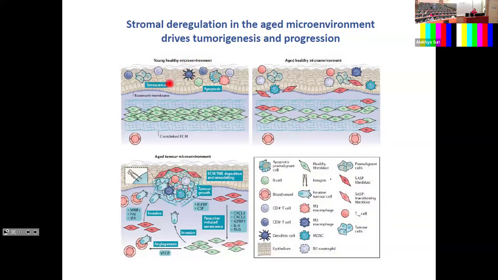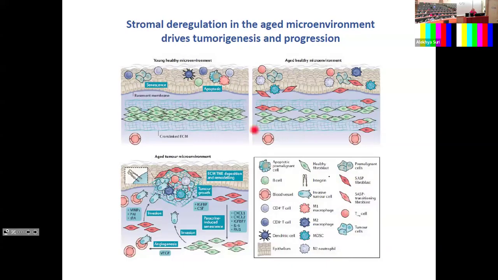You have senescence, you have apoptosis, you have some apoptotic premalignant cells. A premalignant cell means it has some DNA damage, but in a normal, healthy young microenvironment, that cell will be resolved, so you don't have a tumor or proliferation.